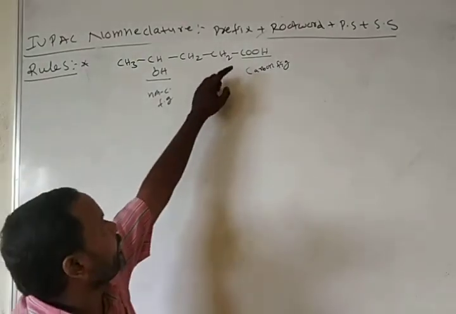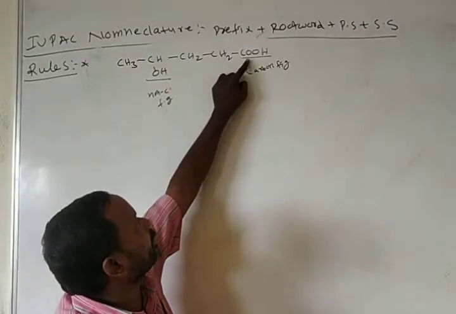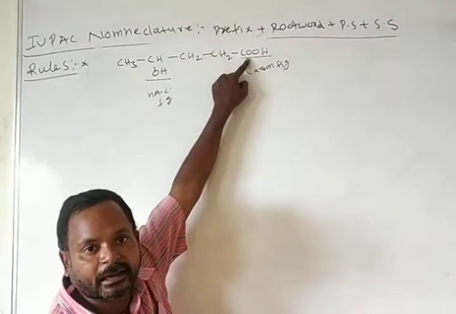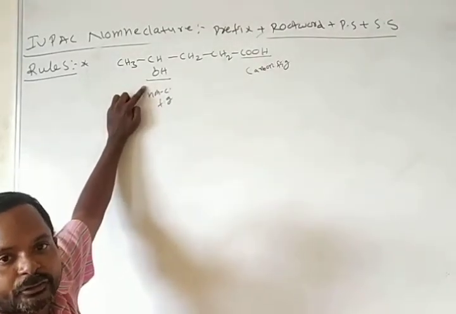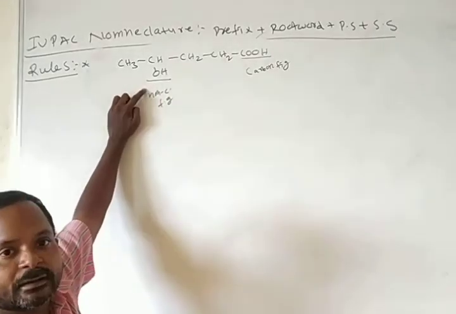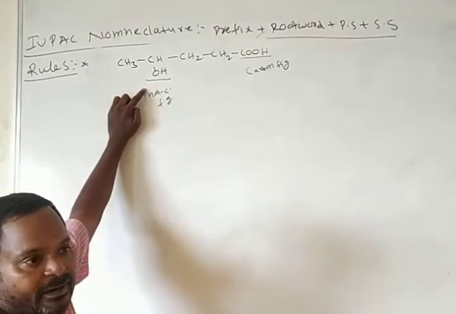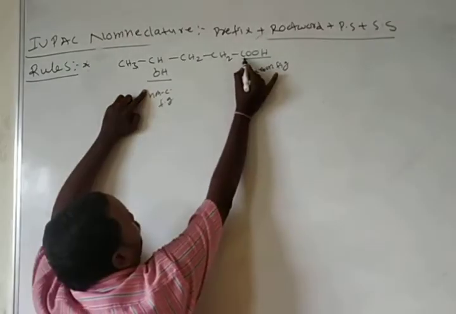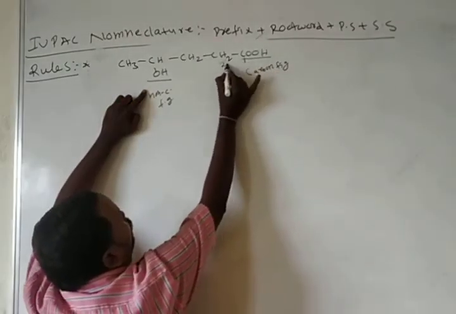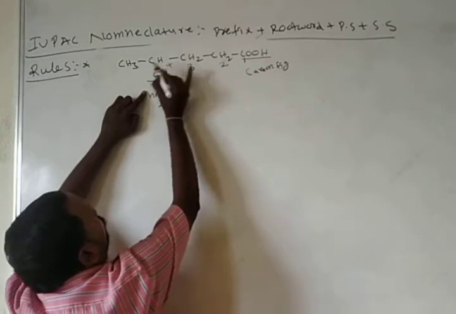That means this molecule contains a COOH group, which is a carbon functional group, and OH, which is a non-carbon functional group. You should give the numbering from the carbon functional group: 1, 2, 3, 4, 5.